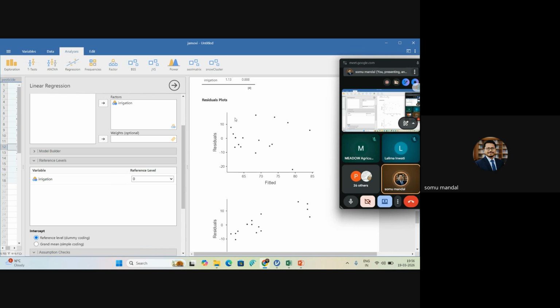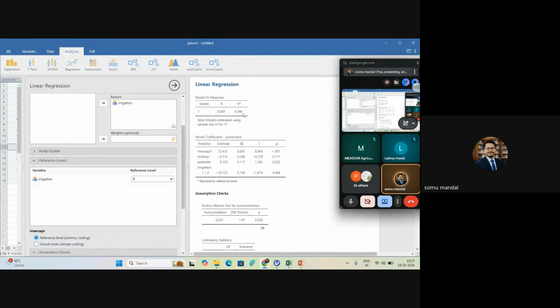When the result is distributed with no particular formation, no funnel shape or any kind of pattern, then this is called homoscedasticity. But this particular result indicates heteroscedasticity. And heteroscedasticity is there in our research, and that is the main reason behind the low coefficient of determination. So we should change our variables if we really want to report this regression analysis.